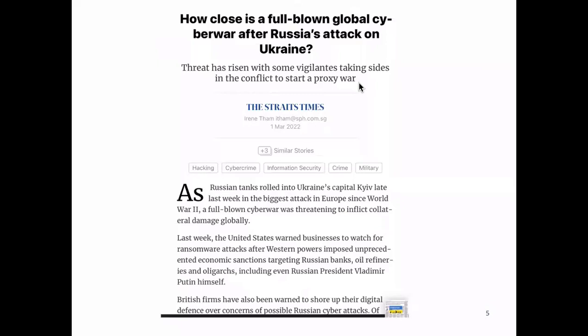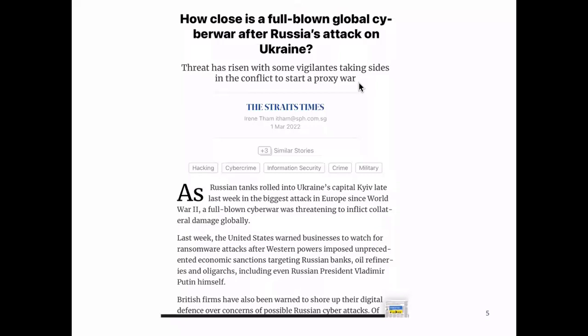To many of us, this appears to be just a normal traditional war, like two armies or two air forces or two defense organizations fighting with each other. This is a traditional war that has been happening for many centuries. But behind this is another war that's happening: a cyber war.